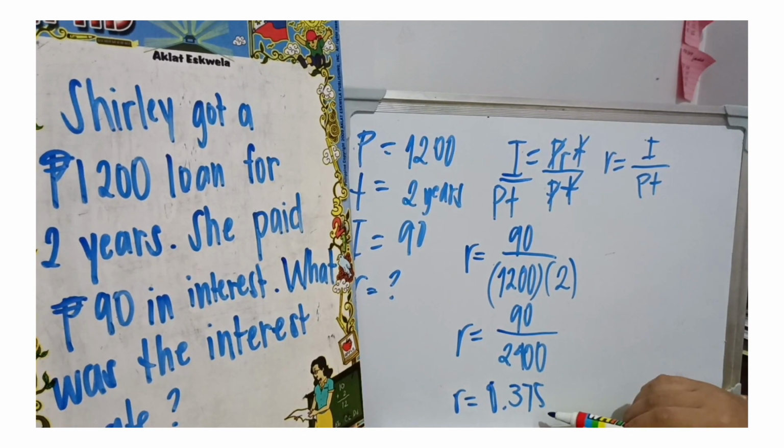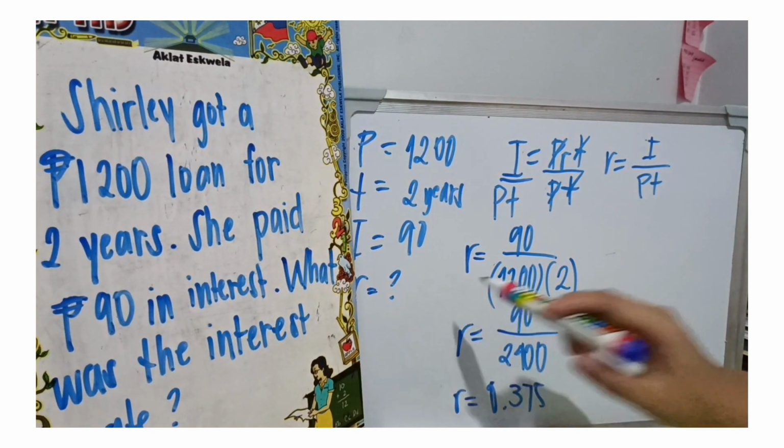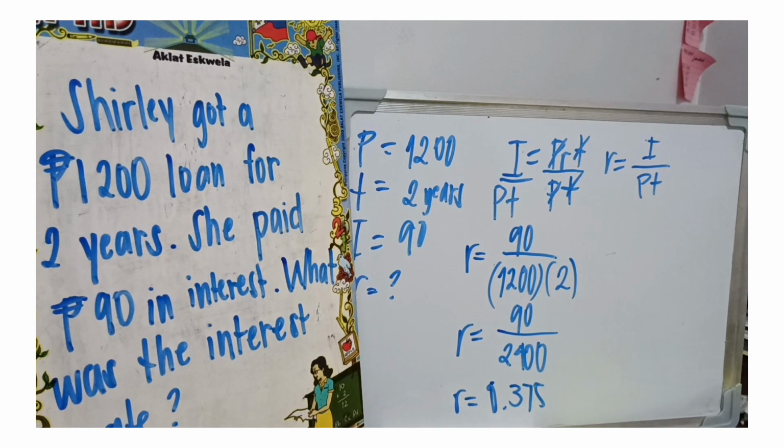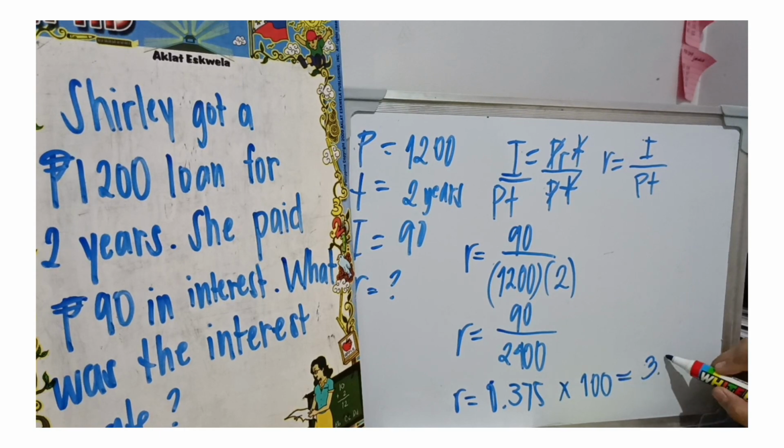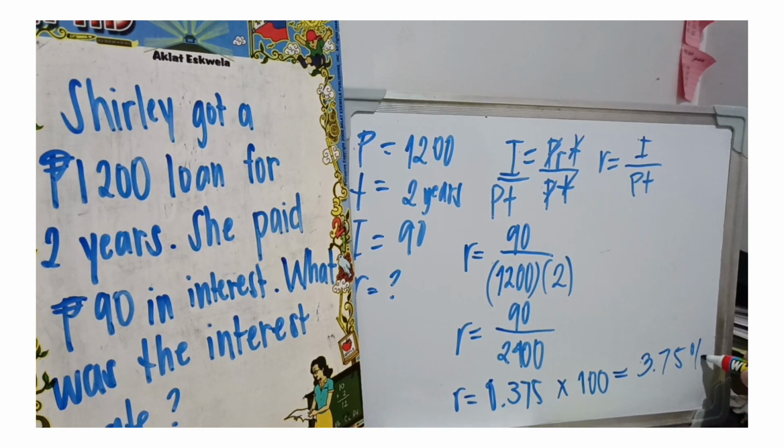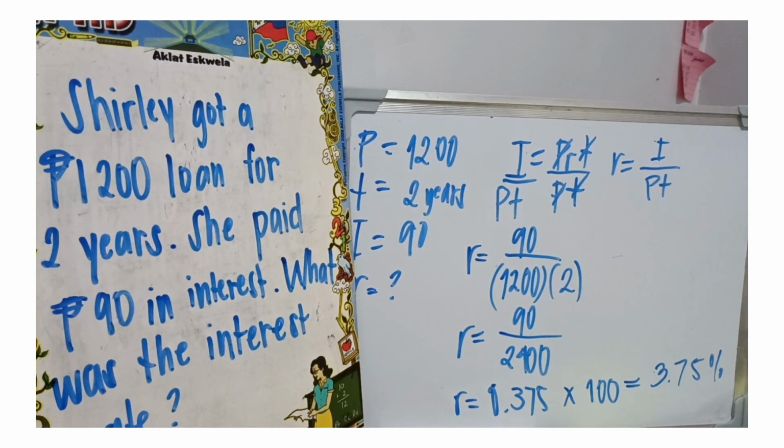Because this is a decimal, we convert it to percent since we are looking for the interest rate. So, we just multiply it by 100. 0.375 multiplied by 100 is 3.75%. So, our answer for this problem, the interest rate, is 3.75%.